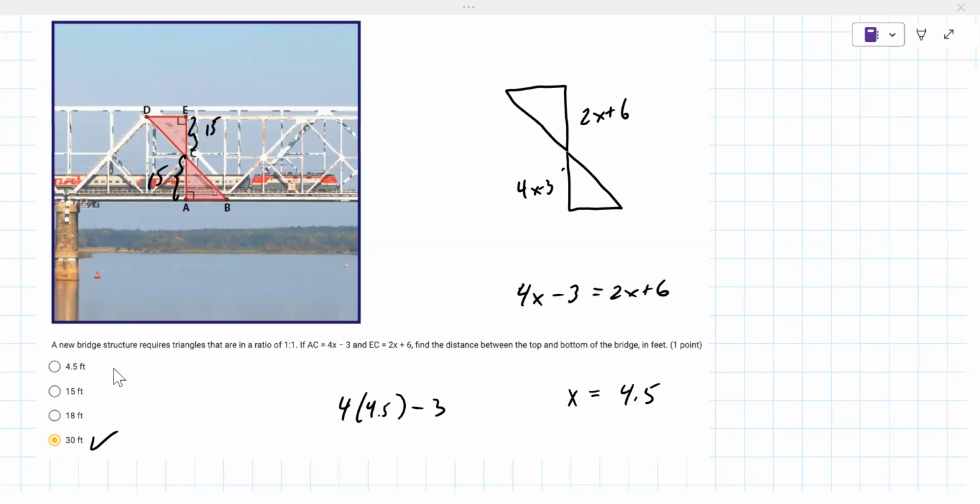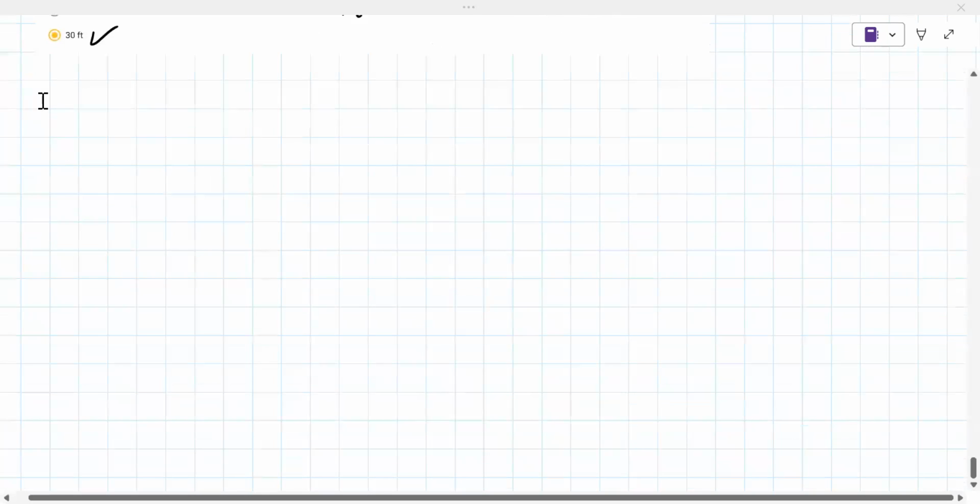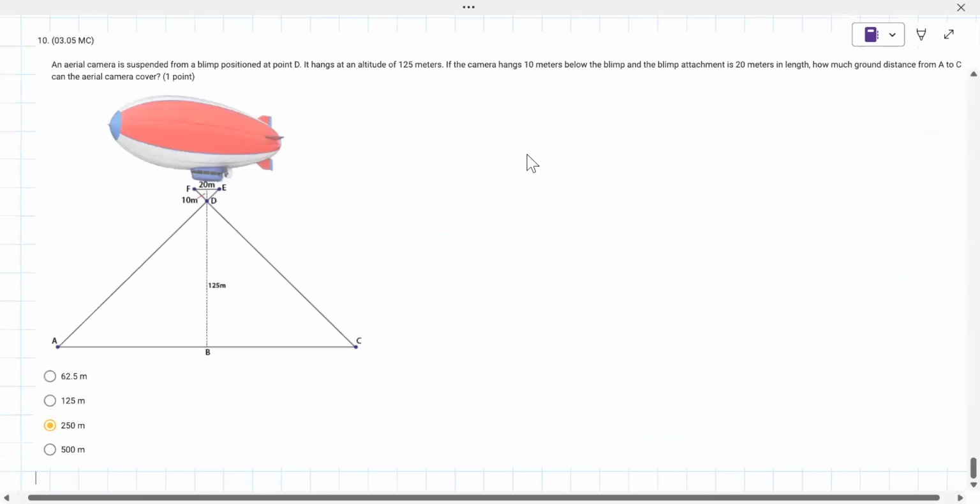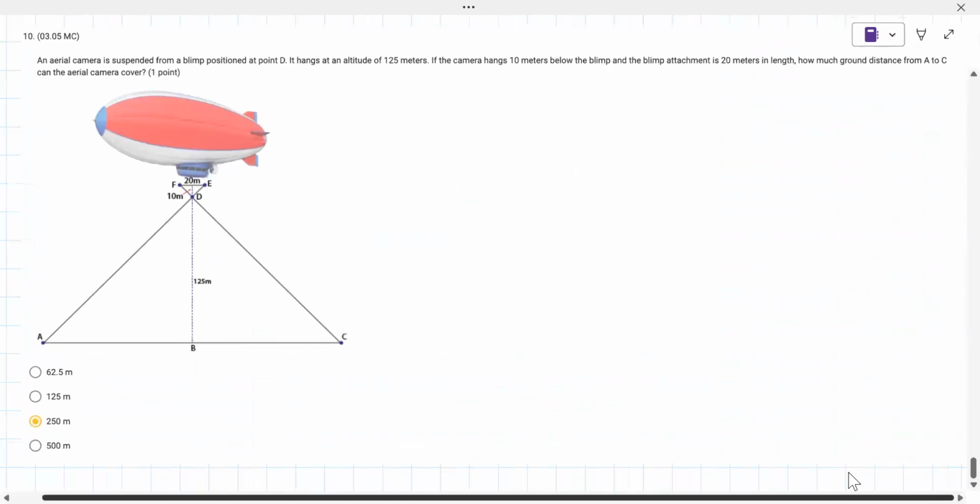All right, then finally there's number 10. They go to a lot of trouble to make these pictures for just triangles here.